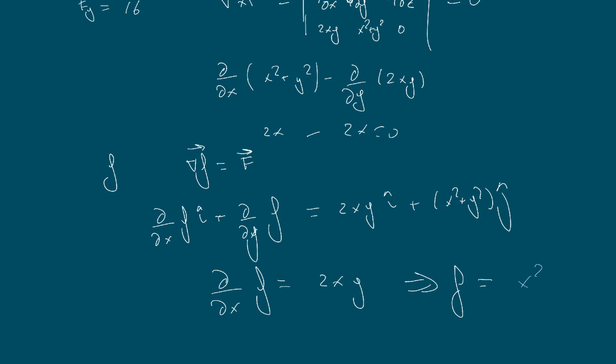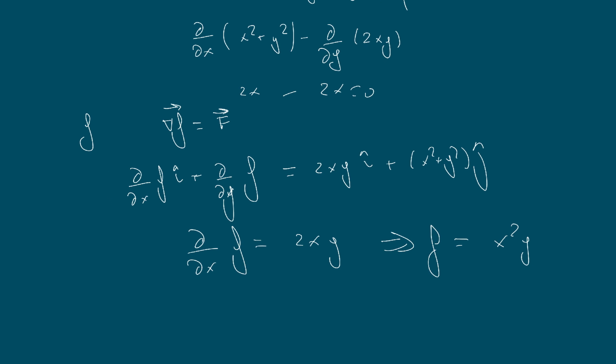Well, x squared y, the derivative is 2xy, so it works. F could be x squared y, but we need to fit the second condition, that the derivative of f with respect to y should be x squared plus y squared.